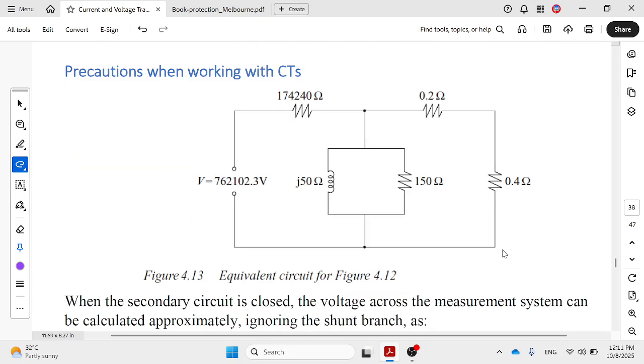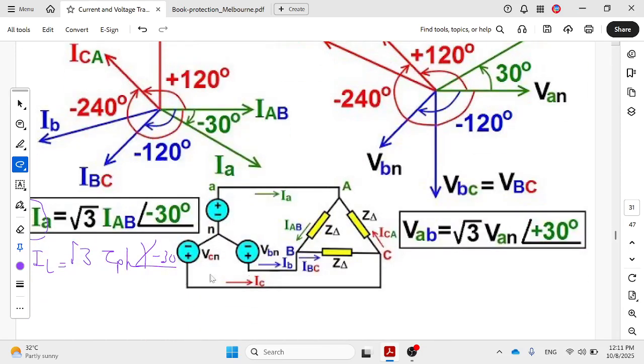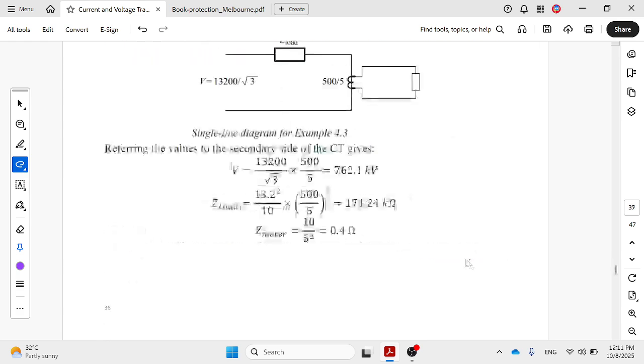If I change from this side to the other side, I phase is equal to I line over square root of 3. Then the angle, when moved to the other side, becomes plus 30. Can you decipher the way I calculate that?